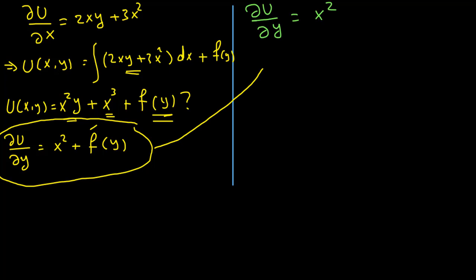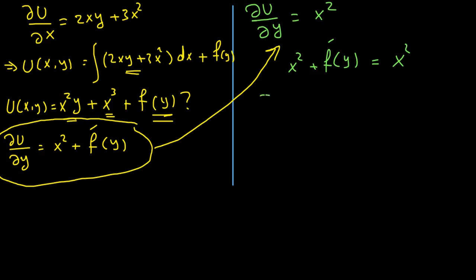Here this is our partial u by partial y, and we know from our previous conclusion that partial u by partial y equals x squared. So we make these two equations equal to each other, and from this we conclude that x squared plus f dash of y equals x squared.